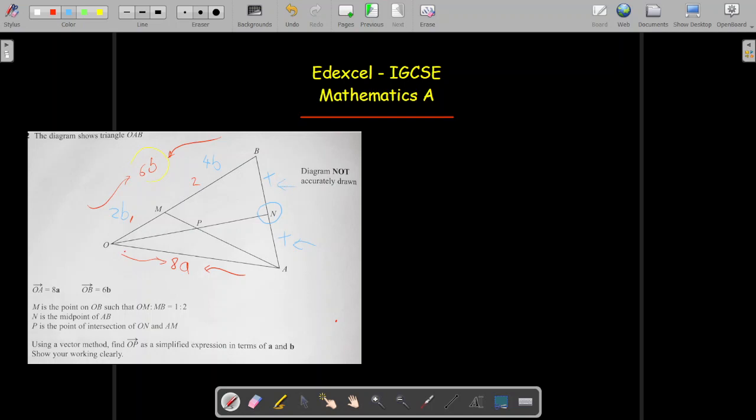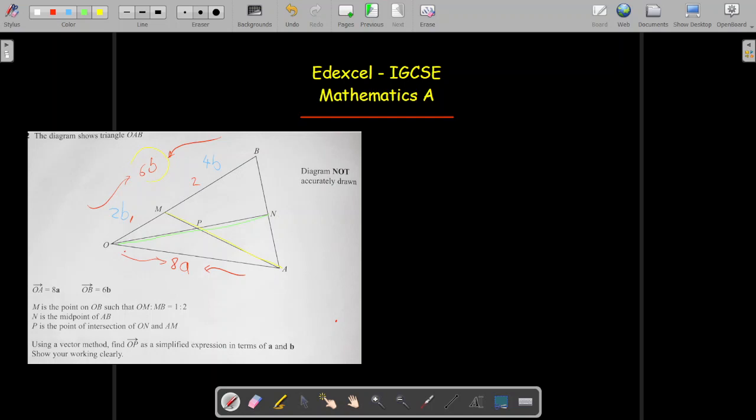Also saying that P is the point of intersection of ON and AM. This is the headache in this question. The headache is that this line that you see here, which is MA, and this line that is called ON, are intersecting lines inside of our shape, which are very difficult to express when you're dealing with vectors.